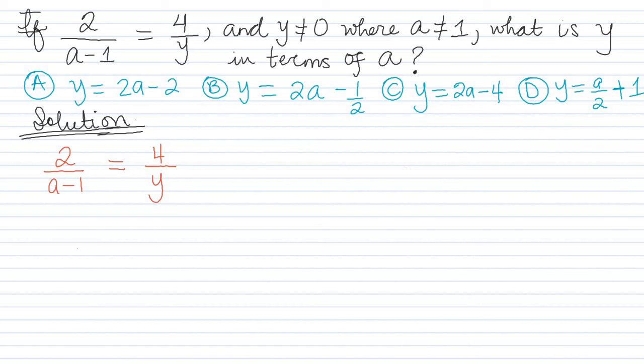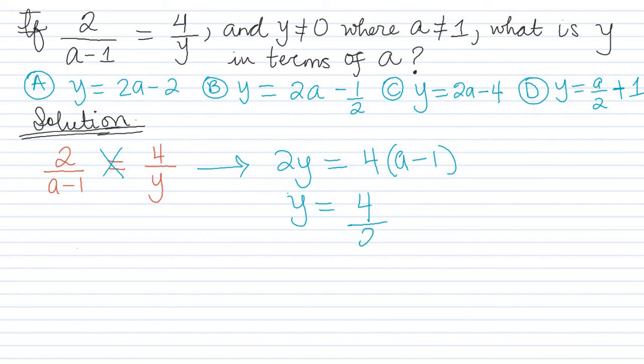So we have 2 over a minus 1 equals 4 over y. Well, from doing math frequently, we know we're going to cross multiply here, and we're going to end up with 2y equals 4 multiplied by a minus 1. And since we're solving for y in terms of a, we can just say y equals, since there's 2y here, divided by 2, and then 4 multiplied by a minus 1 divided by 2.